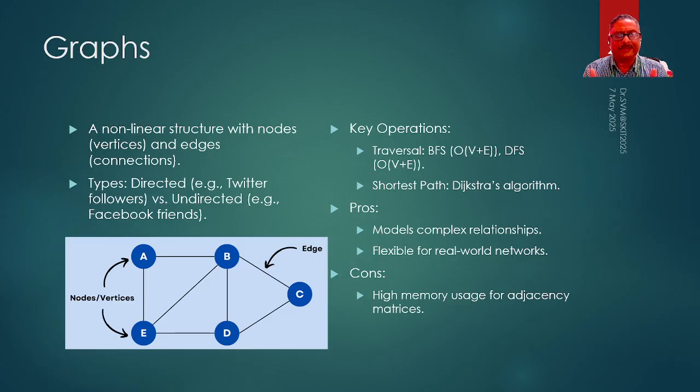So this adjacency matrix requires the square of the number of nodes we have. As the number of nodes increase, the size of the matrix increases by a square. So it's order of n square. So if we have 10, then the size of the matrix will be 100.